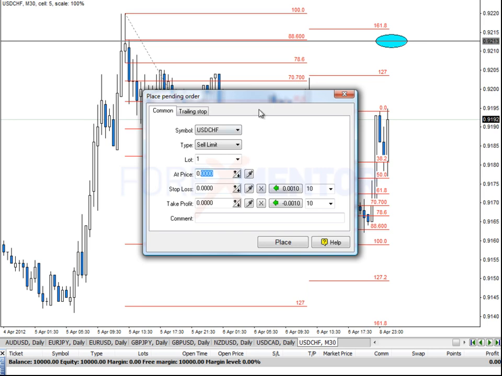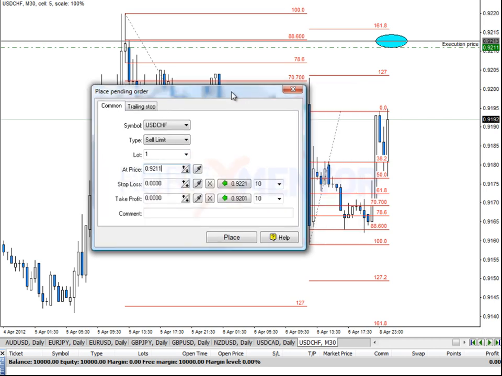That's the number. What I like to do is put it a few pips below the level, because sometimes the orders come in just below for a sell or just above for a buy. Normally 2 pips is about what I'm looking for, and then a stop above the highs here.